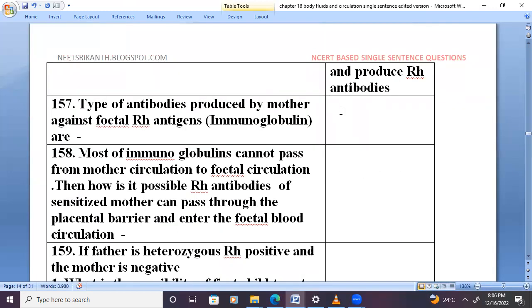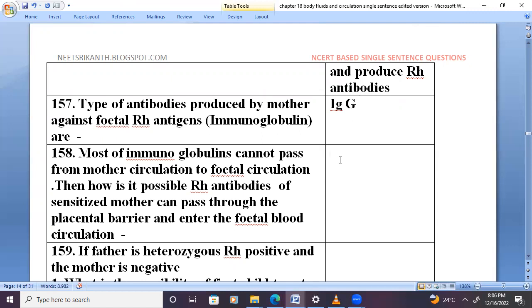What type of antibodies are produced by the mother against fetal Rh antigens? Immunoglobulin G, IgG. Most immunoglobulins cannot pass from the mother's circulation to the fetal circulation.